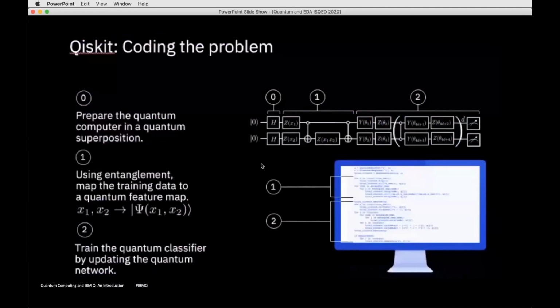You set everything in superposition. Then you build your state space that represents your problem, set up a whole quantum feature map. And then here is the compute part, really the training stage, after which for this particular problem you have a classifier that does the actual classification.